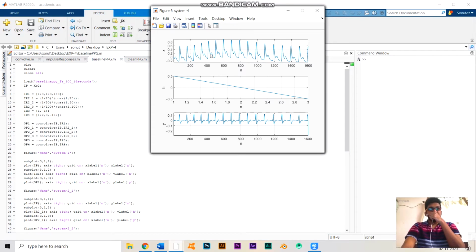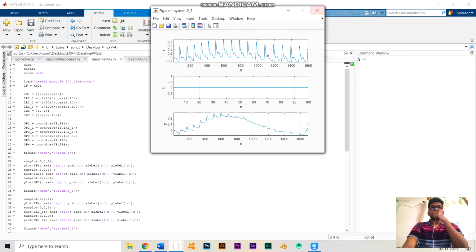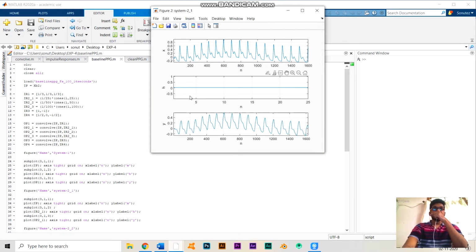This is the input signal, the baseline PPG signal, and this is the impulse response of the fourth system, and this is the convoluted signal. This is the convolution of the input signal with system 3, and this is for system 2 when M is 100, and this is the convoluted signal, and this is for M equal to 50, and this is the impulse response of system 2 when M is equal to 25, and this is the convoluted signal.